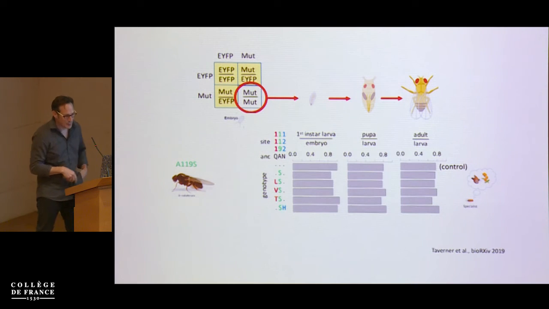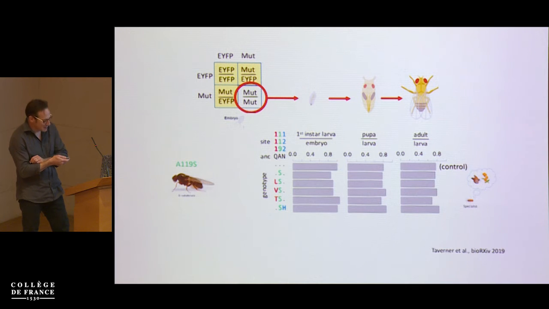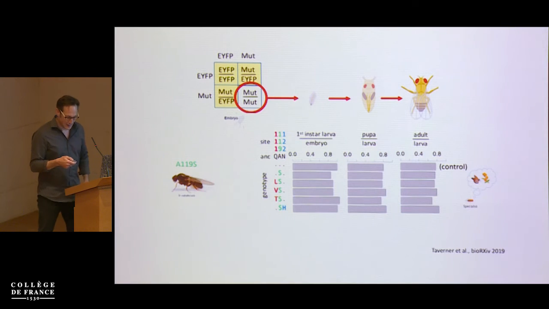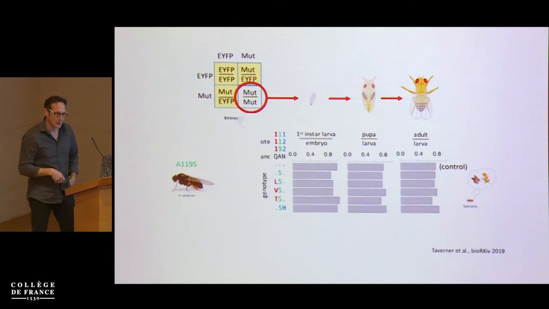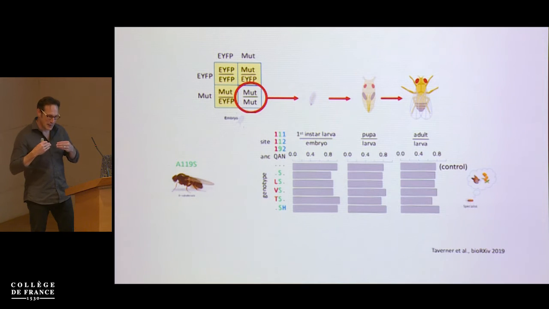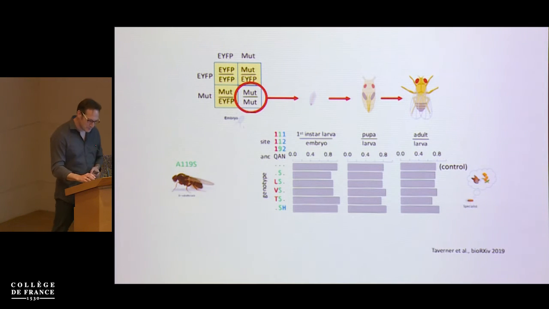And as we'd hoped might be the case, A119S rescues the viability of all of these mutations. And interestingly, it rescues viability at both sites, 111 and 122, and various flavors of substitutions at position 111. So whatever it's doing to rescue viability seems to be general rather than a specific interaction between amino acid substitutions.